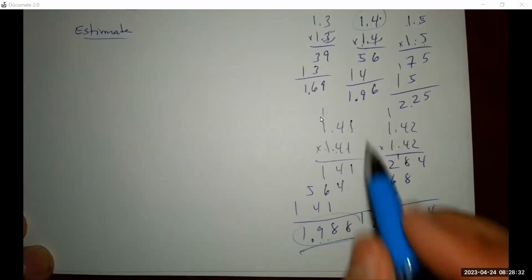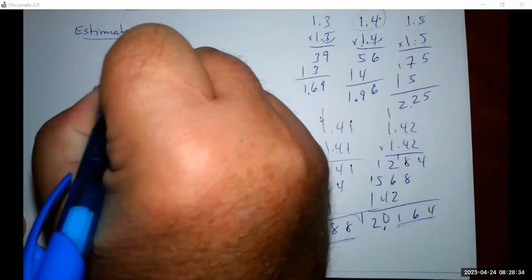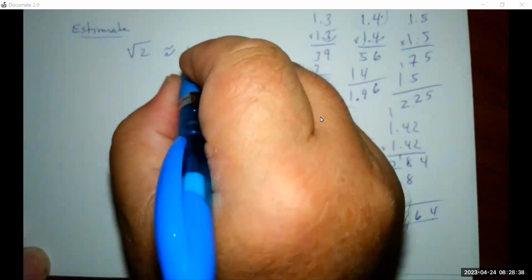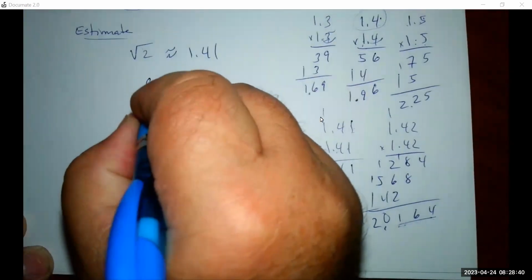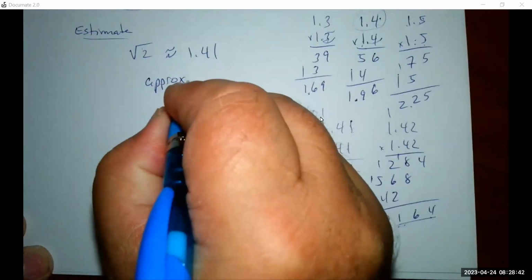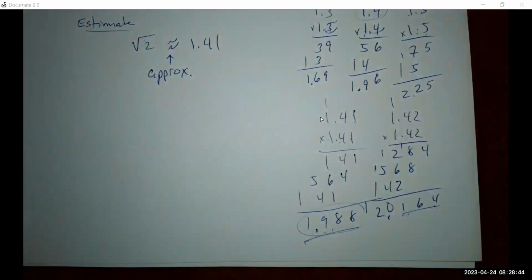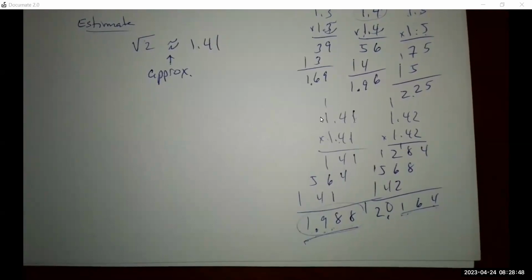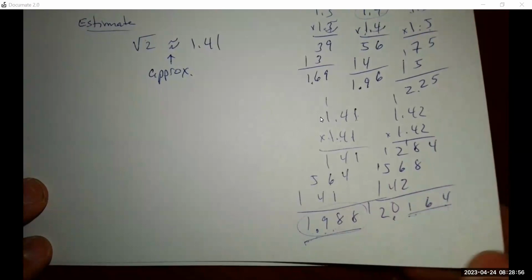So we know that the square root of 2 is approximately 1.41. That's a symbol for approximations. Right? So that's how we look at square roots and cube roots. There's a formula for conversion.